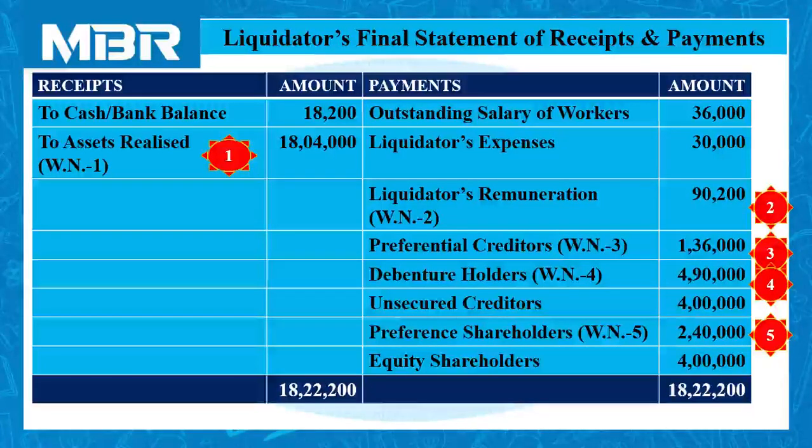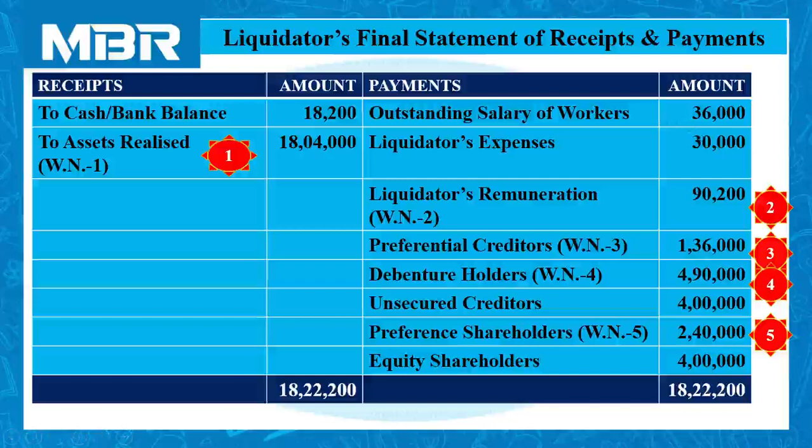Now, in the first phase, we need to pay outstanding salary of the workers. Check the liability side of the question. Is there any amount related to salary of workers? Answer is yes. On the liability side, we have outstanding salary of workers for rupees 36,000. So we need to pay them 36,000 at first priority.